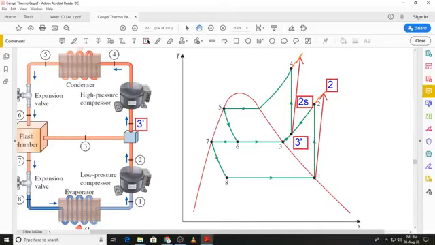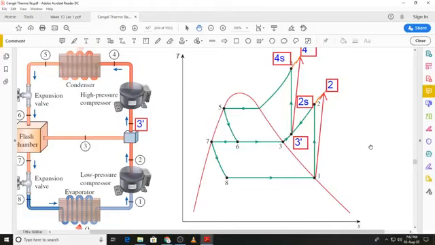This time again the states will be states 4s. State 4s will now be over at this point, and then we will add state 4, which is the actual state, that will be over here. So this is now a representation of the same process, but this time on the TS diagram.